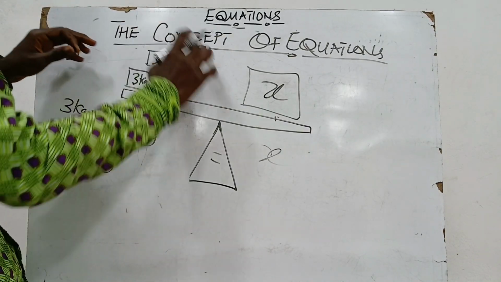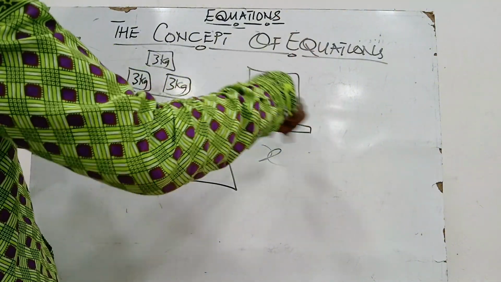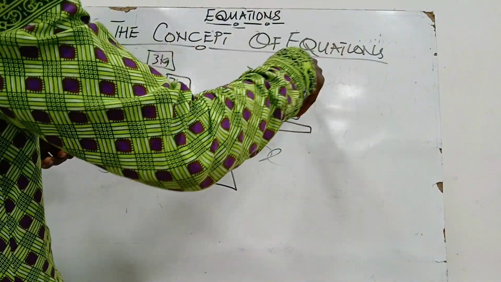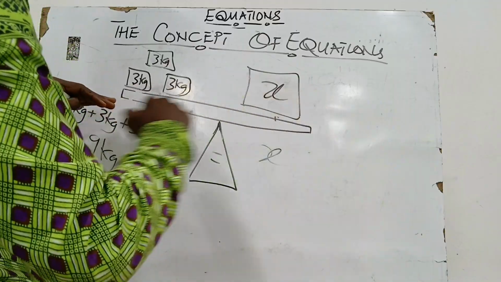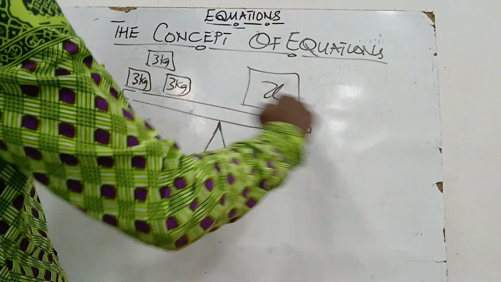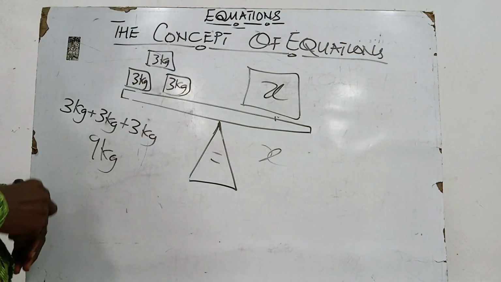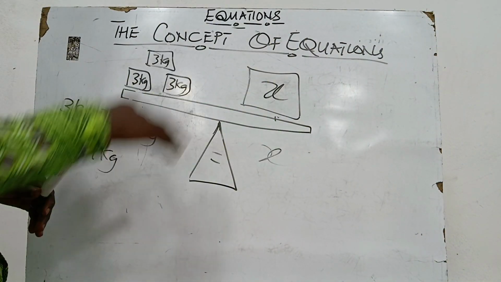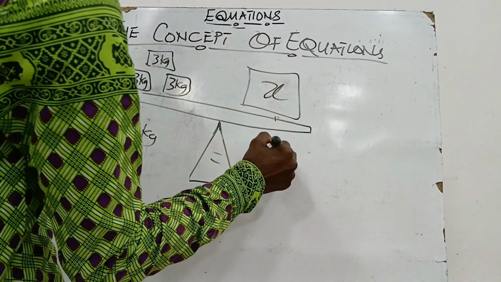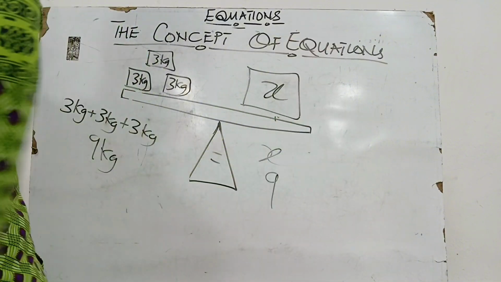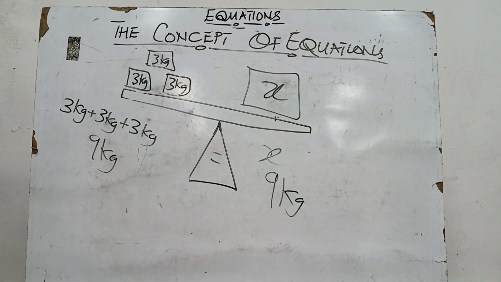So if the whole of this place is 9 kilogram, then we will need 9 kilogram at this side to ensure that this seesaw stays in equilibrium, remains balanced. It doesn't tilt to the other side. Are you getting it? So if this side is 9 kilogram, then automatically this side is also supposed to be 9 kilogram. I hope we are following. Great.